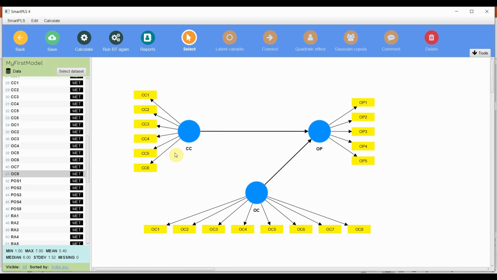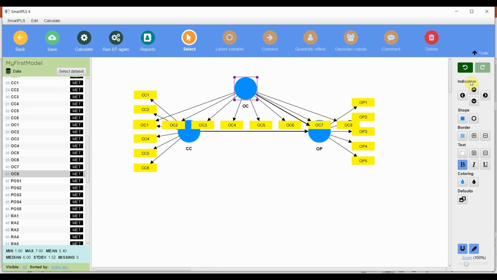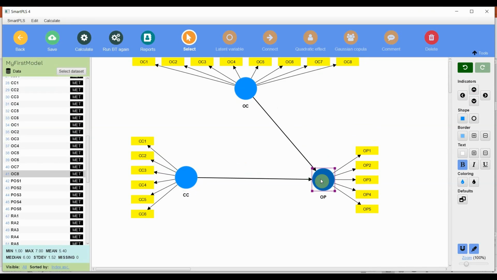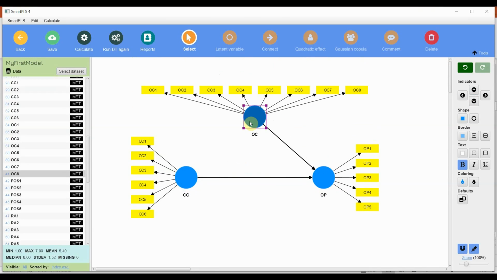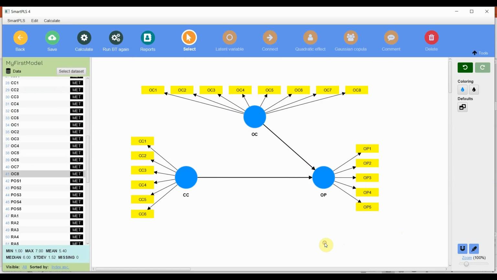Moving on, now we are going to look into a simple mediation model with one mediator. Now let's move this one up just to make it easier to understand. Now this is the model that we tested in our basic structural model analysis video.